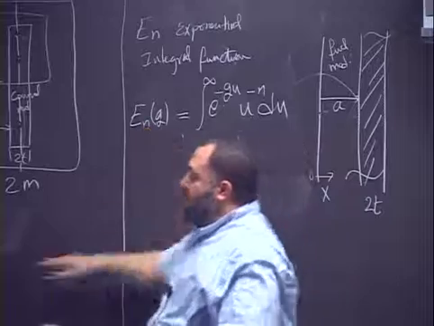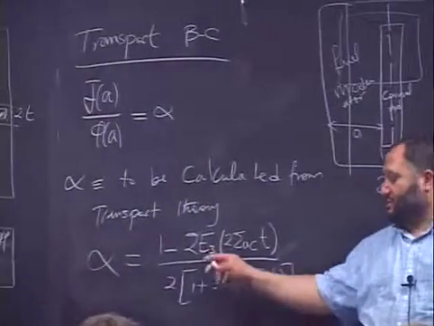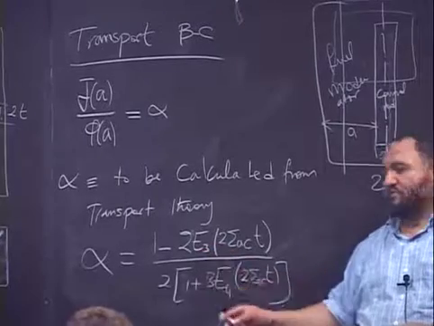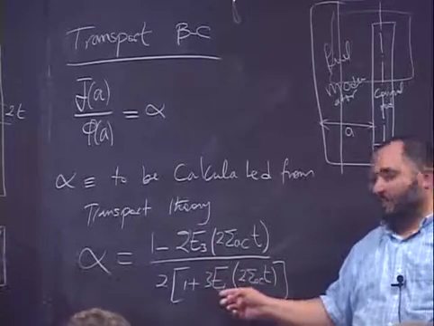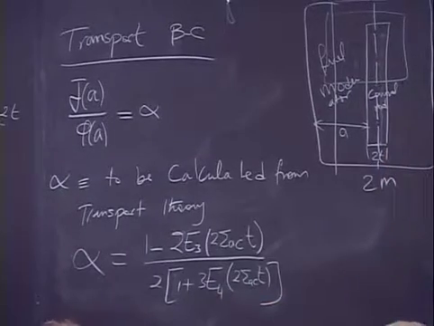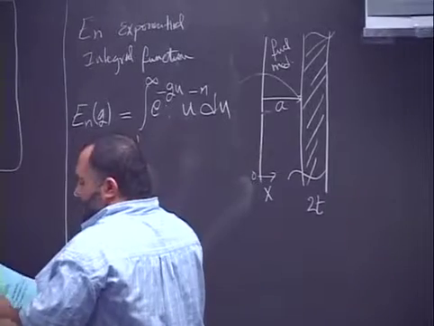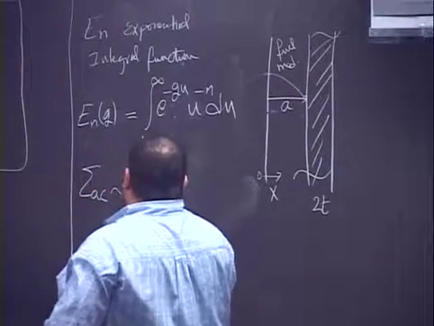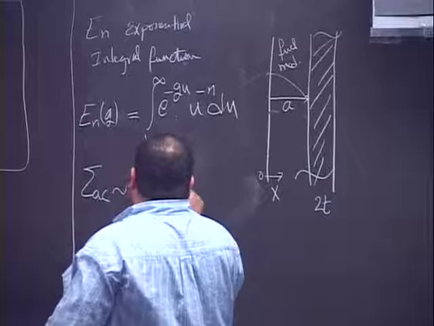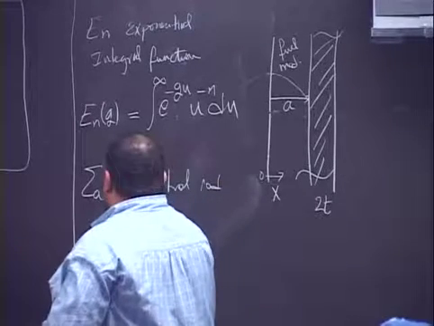This is why we have here E3, the exponential integral function of the third order, and the exponential integral function of the fourth order. And sigma absorption C is just the control rod absorption cross section.